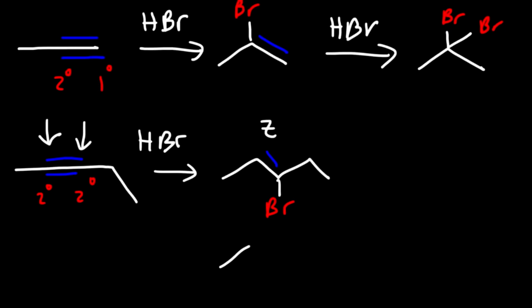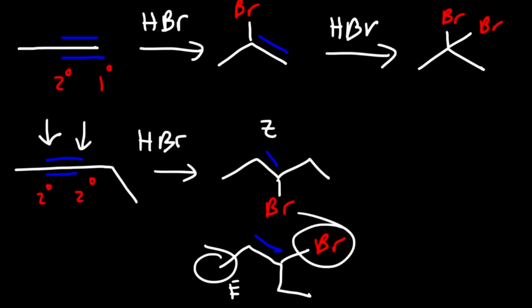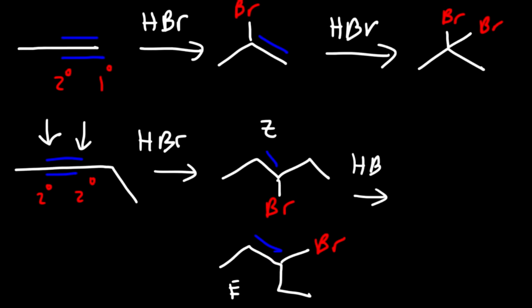So we can get the E isomer, which we can draw this way. So this is the E isomer. The highest priority groups are on opposite sides of the double bond. And then once we add HBr, we can get this product, with both bromine atoms being on the third carbon.